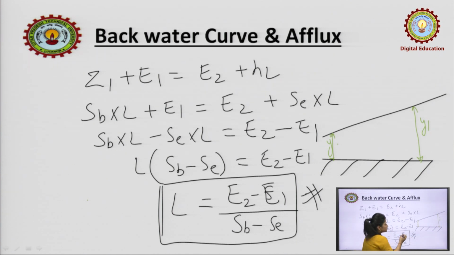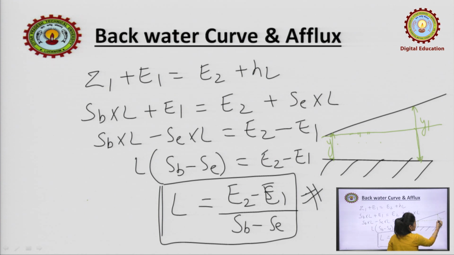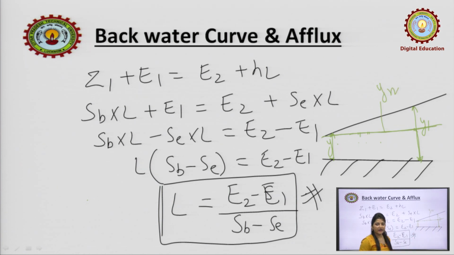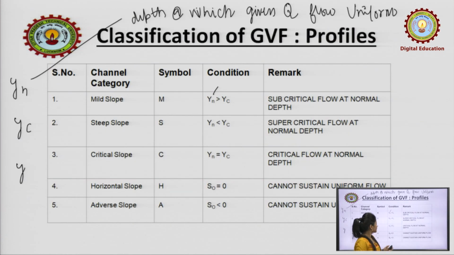If there are no changes, y will be equivalent to y over here. That is, in gradually varied flow there lies one depth which behaves as uniform flow, and this depth is termed Yn, the normal depth, the depth at which a given discharge behaves as uniform flow.